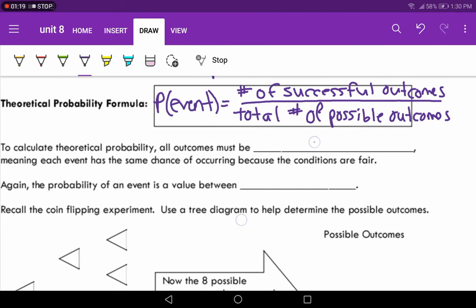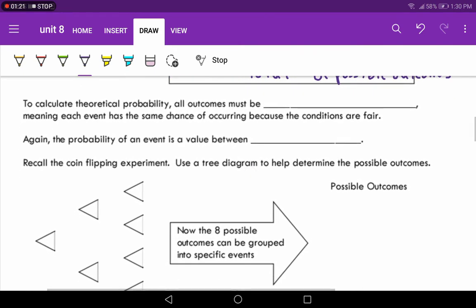Okay, so to calculate theoretical probability, all outcomes must be equally likely. What this means is each event has the same chance of occurring because the conditions are fair.